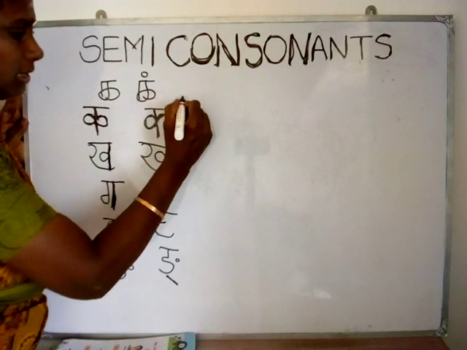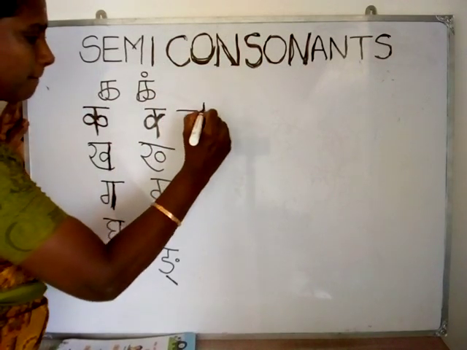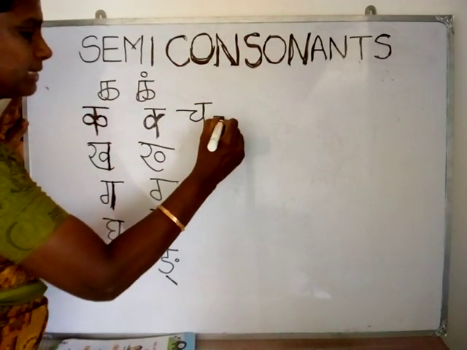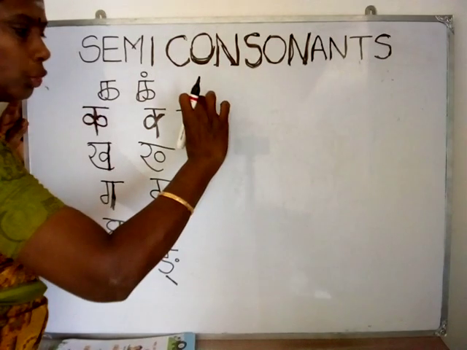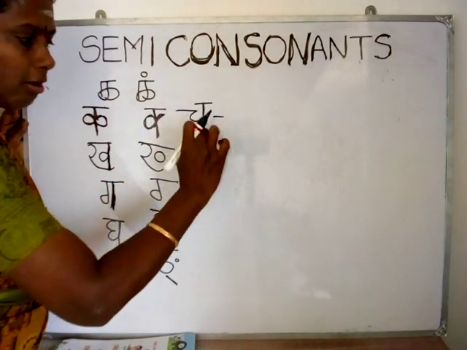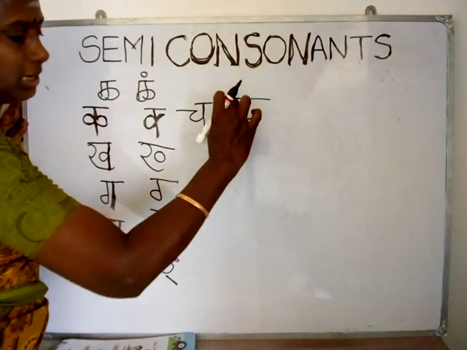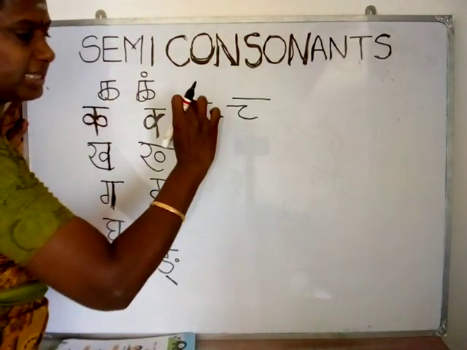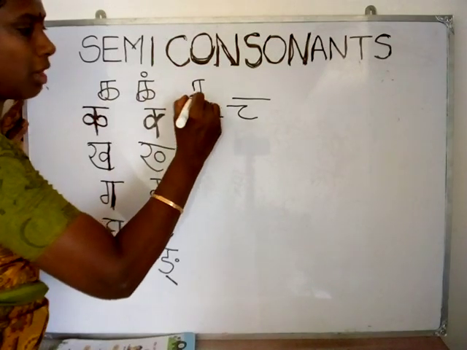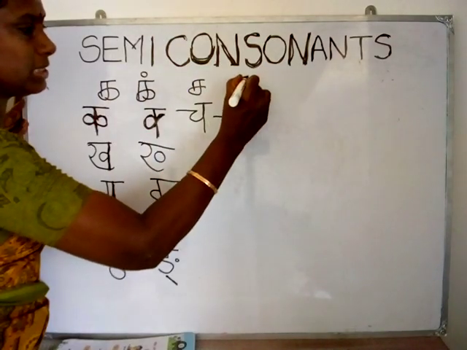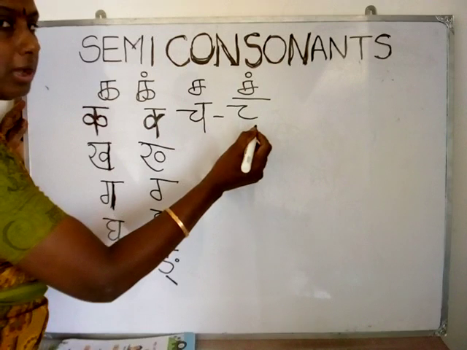Next line, cha. For this also you have to remove this last line. This is ich. If you take this line, this is cha. Tamil letter cha and this is ich.